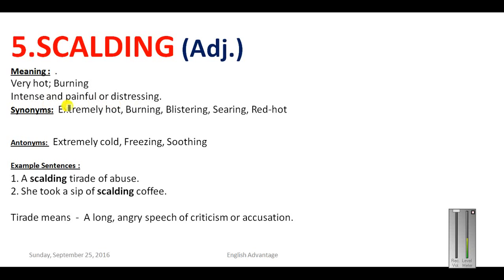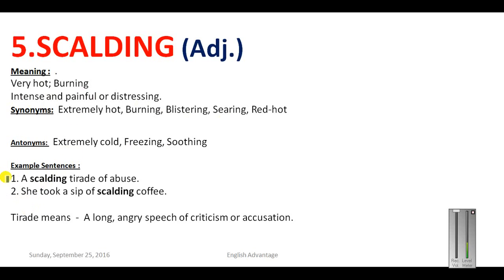Synonyms: extremely hot, burning, blistering, searing, red hot. This word can be used for some substance, some dish, tea or coffee. It can also be used for weather conditions. Extremely cold, freezing, and soothing are the antonyms for this word, scalding.